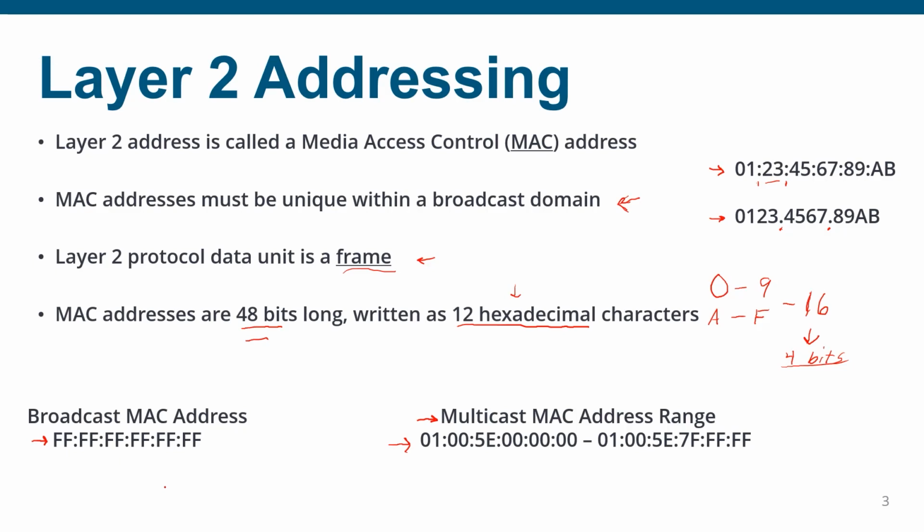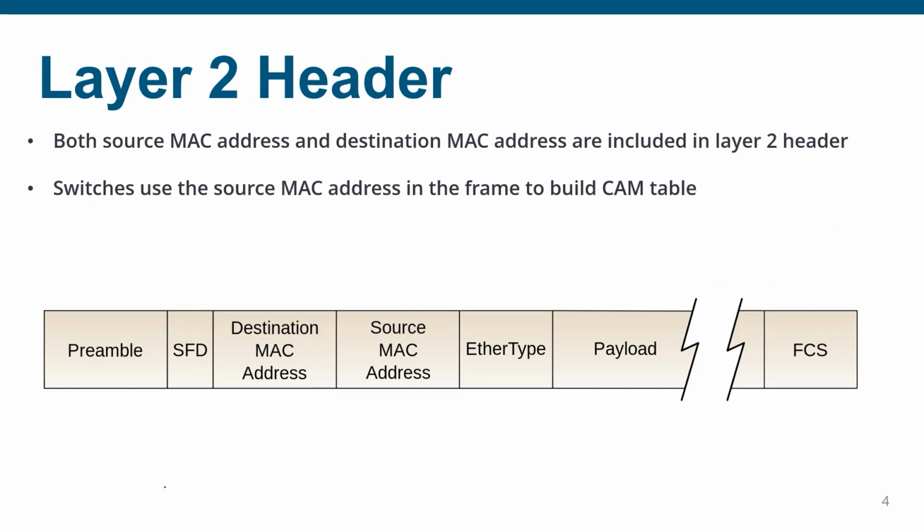So now that we're familiar with how Layer 2 addressing is written and how large our address field is at Layer 2, let's take a look at what the rest of our Layer 2 header looks like. At Layer 2, both the source MAC address, the address of the source node that is generating or transmitting this message, and the destination address are included.